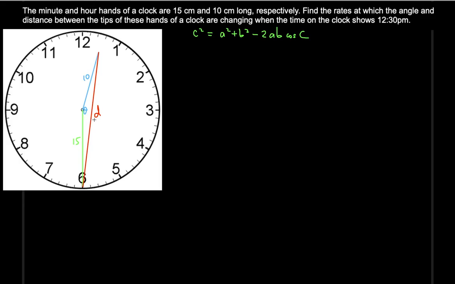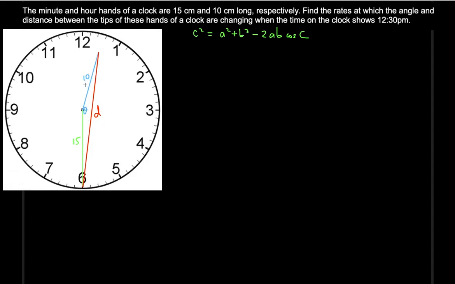So let's substitute. Now, before we go on, we need to understand that the d will change, right? The distance will change depending on the current time, because the distance always changes between the tips of these hands of a clock, right?